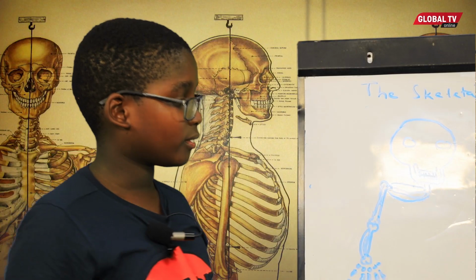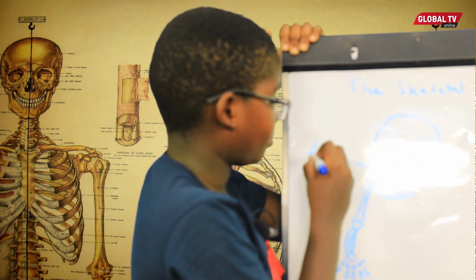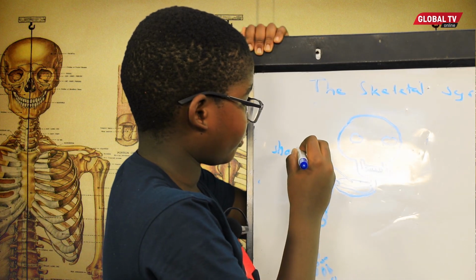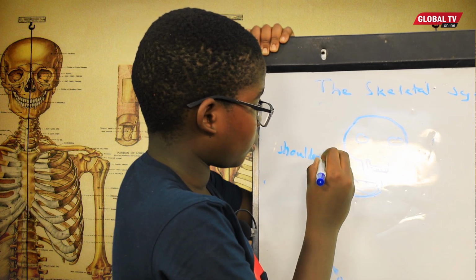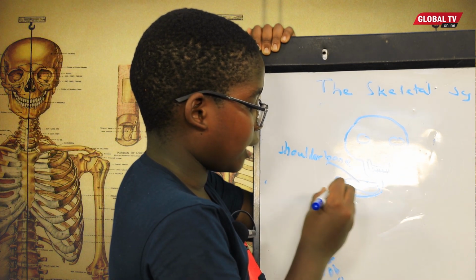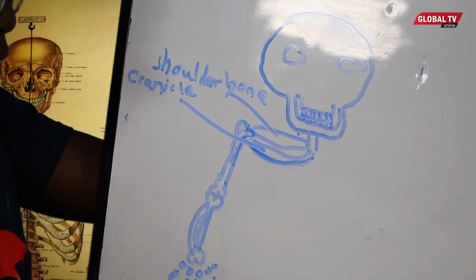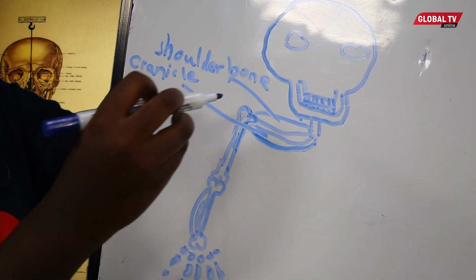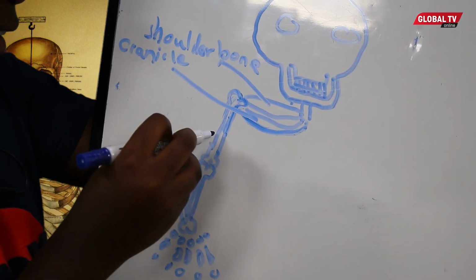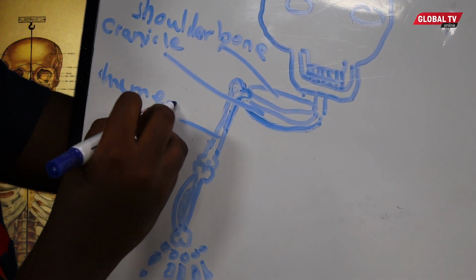This here is called the shoulder bone. This is called the clavicle. And this bone that is connected to the shoulder bone and the clavicle is called the humerus.